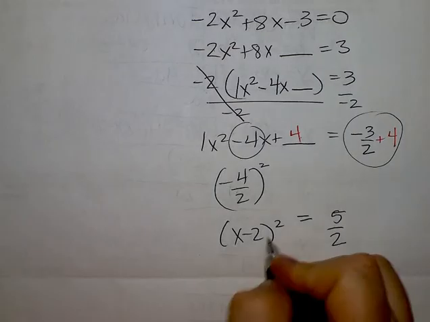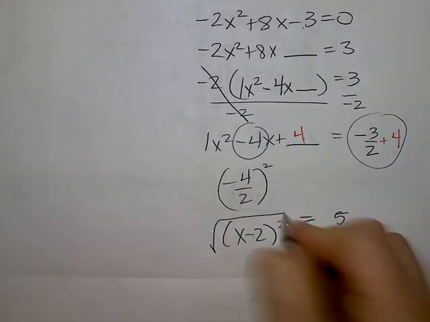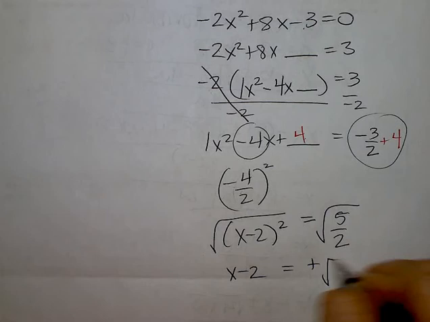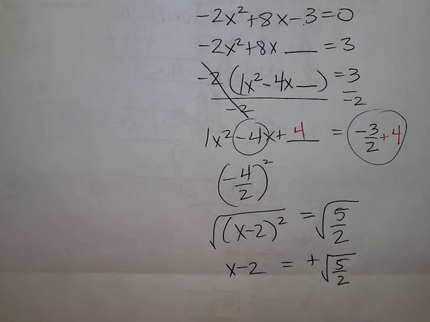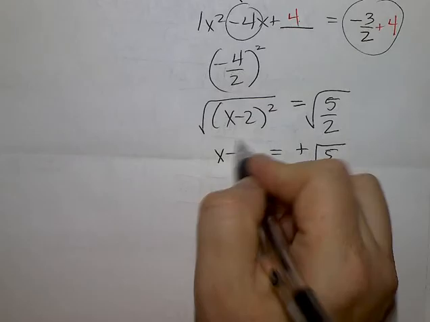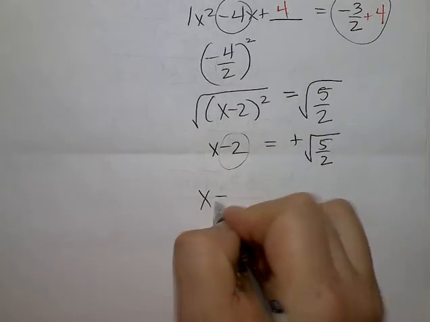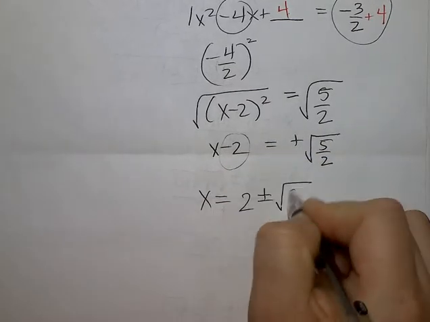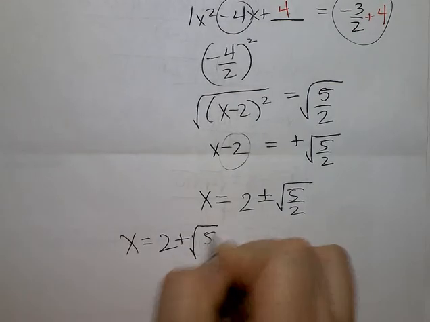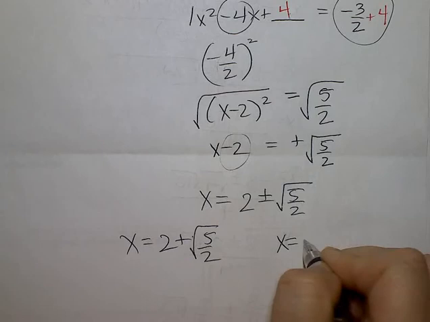Opposite of squaring something is to take the square root. As a reminder, I will have 2 answers. Lastly, let's move the negative 2 to the opposite side. So it becomes a positive 2. One time I'm adding, one time I'm subtracting.